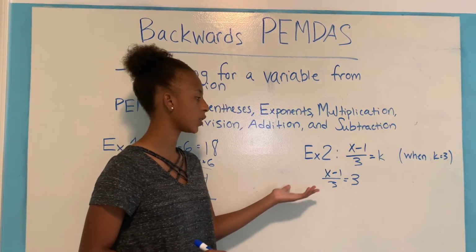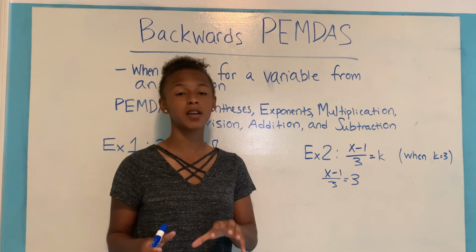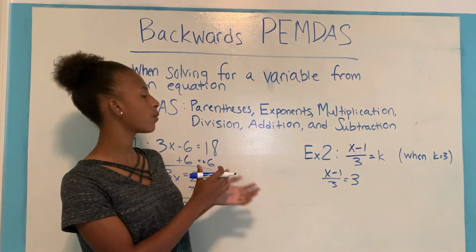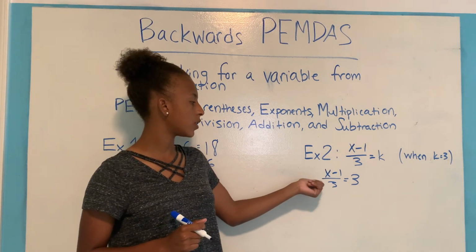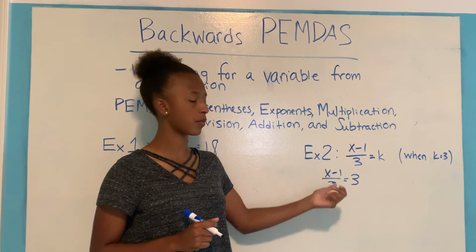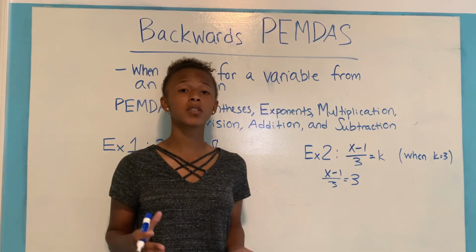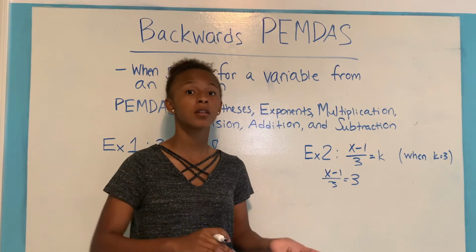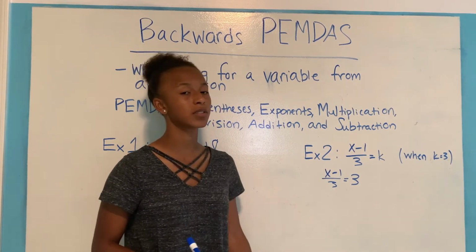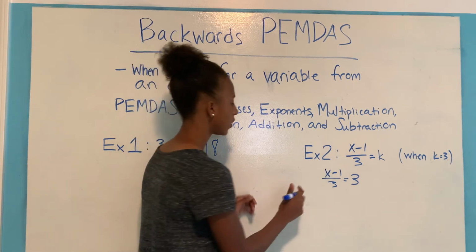So what we're first going to look at is how do we get this denominator out. So it's going to be kind of like what I did with this first problem. So this is really x minus 1 divided by 3. And remember, what is the one thing that can cancel out division? Multiplication, right? So what we're going to do is multiply both sides by 3.